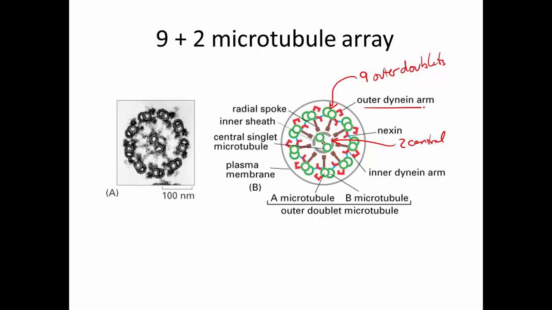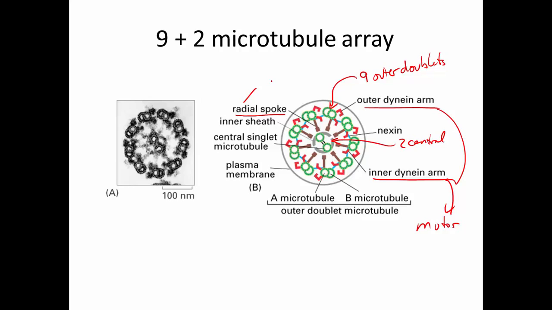The first of these is the outer and inner dynein arms. These are the motor proteins that do the actual movement. The tail is attached to one microtubule, and the head group walks along the neighboring microtubule. Then we also have radial spokes, and a radial spoke is controlling the movement.